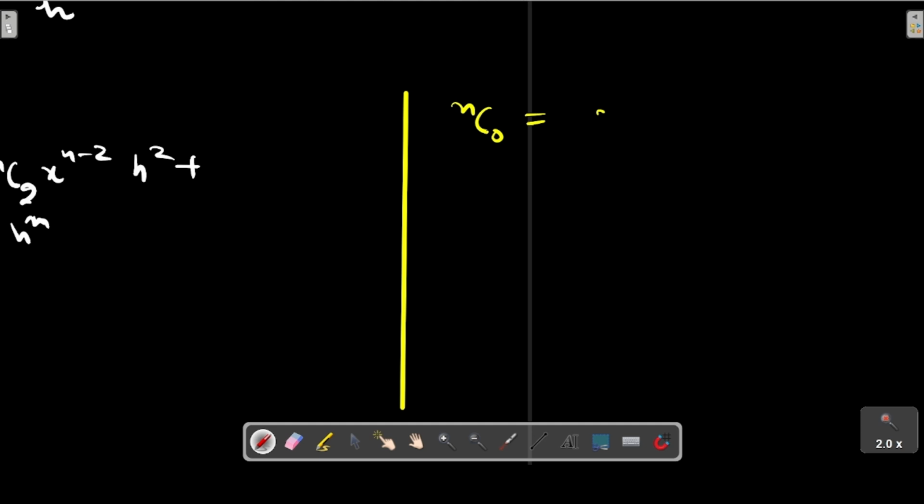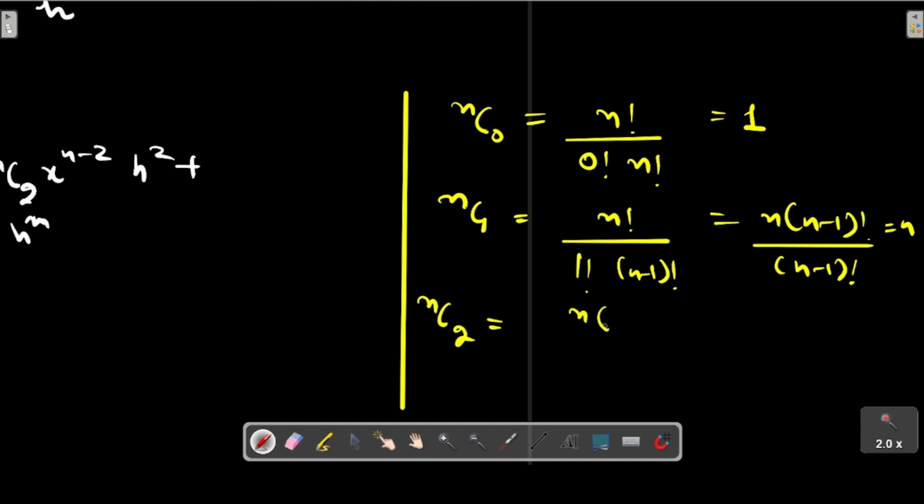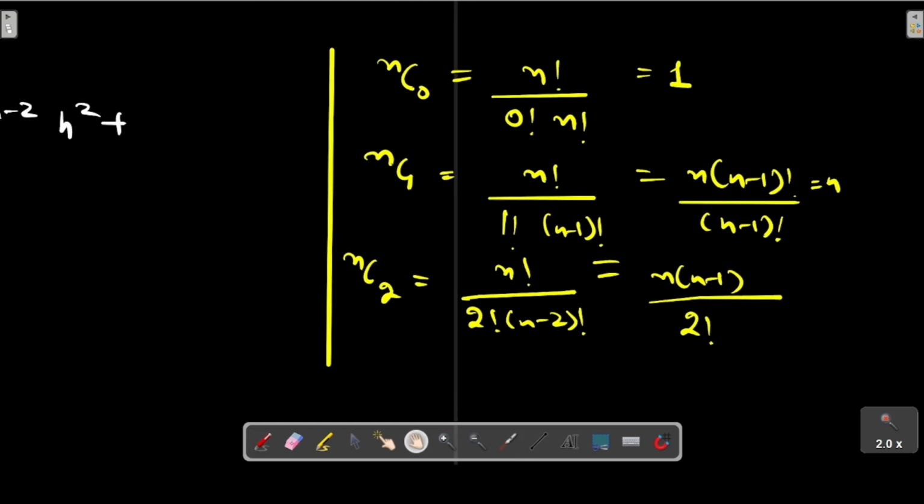So nc0 is n factorial over 0 factorial n factorial, that is your 1. nc1 is n factorial over 1 factorial, n minus 1 factorial, that's n, just your n. nc2 will be n factorial over 2 factorial, n minus 2 factorial, that's your n into n minus 1, and you have 2 factorial, that is precisely equal to n into n minus 1 over 2.